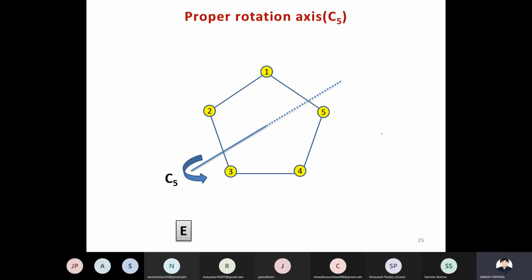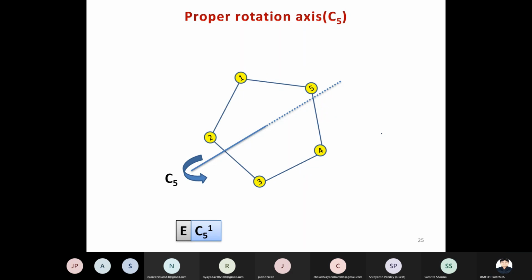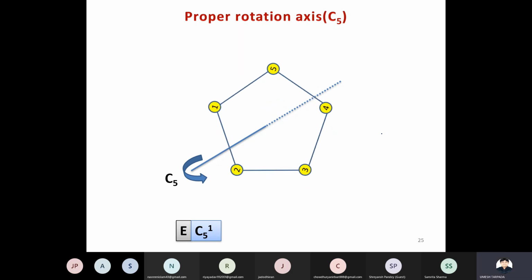If you give rotation about this axis, then what is position of 1? 1 to 4. 1 कहाँ पे आएगा? 4 पे आएगा. 2, and 2 is coming to 3. Yes, good. In this way, see, this is 1 time rotation.